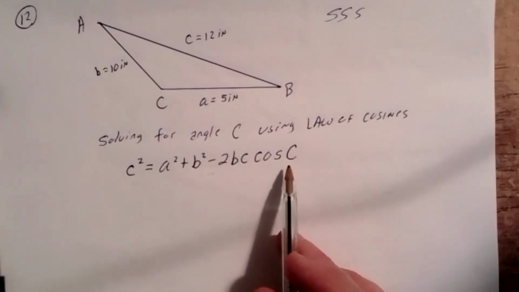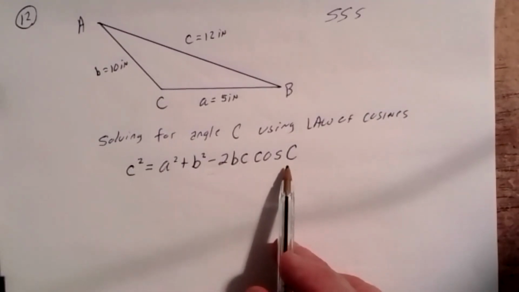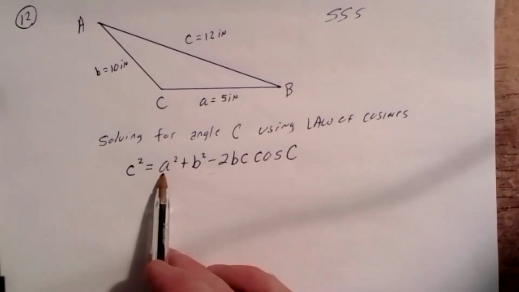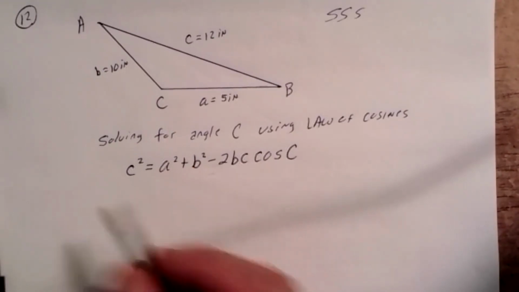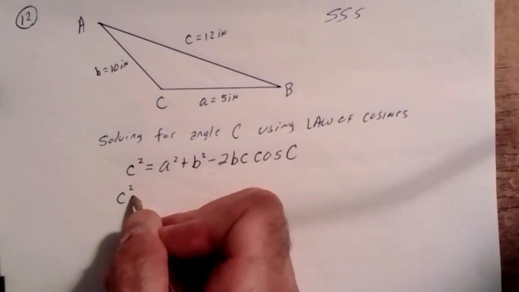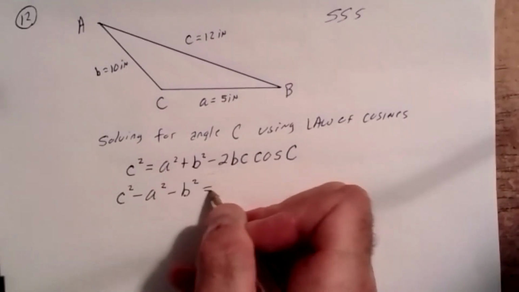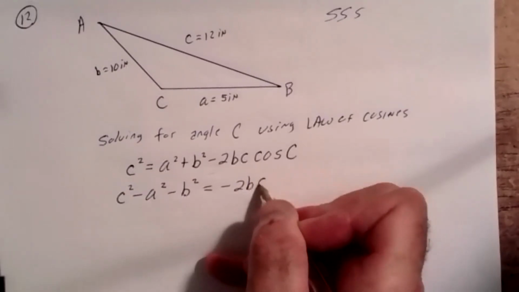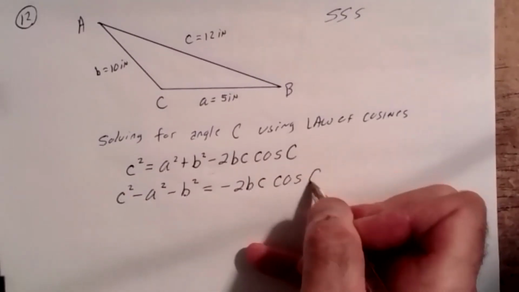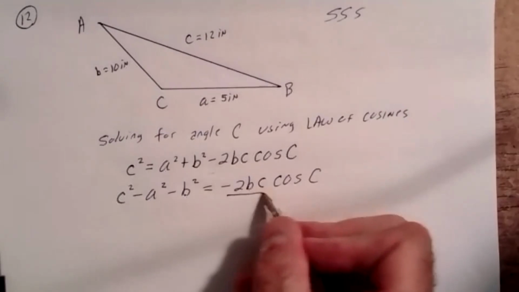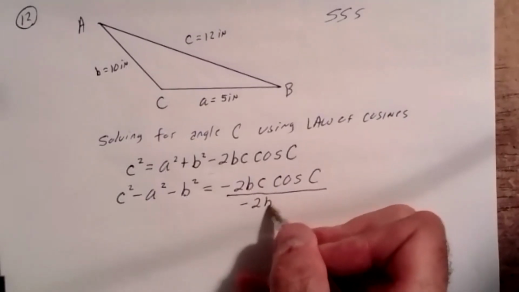You see that there? We have to solve for angle C. And so, ladies and gentlemen, what we've got to do is move everything over to the left side and try to isolate angle C on one side of our equation. To do that, we subtract A squared and B squared from both sides first. So therefore, we have side C squared minus side A squared minus side B squared is equal to negative 2BC times the cosine of angle C. Divide both sides of our equation by negative 2BC.